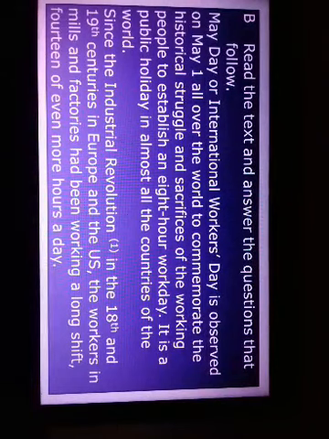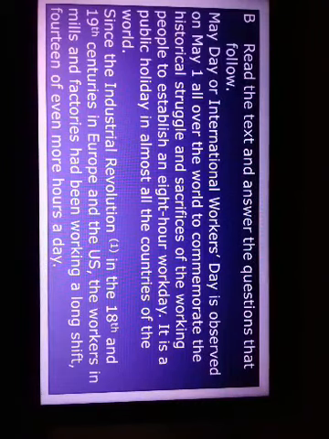Actually, it happened many years ago, and now we can know all of this about this struggle and sacrifice from history. So that's why we call it historical struggle and sacrifice of the working people, workforce, also working class people, laborers, to establish.